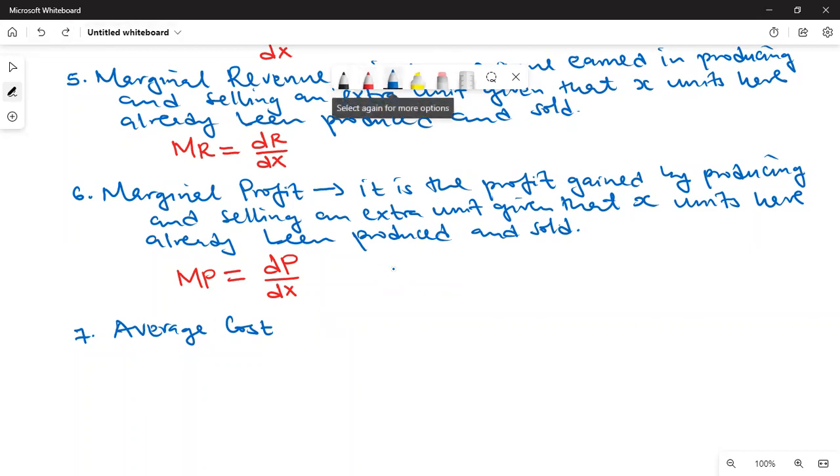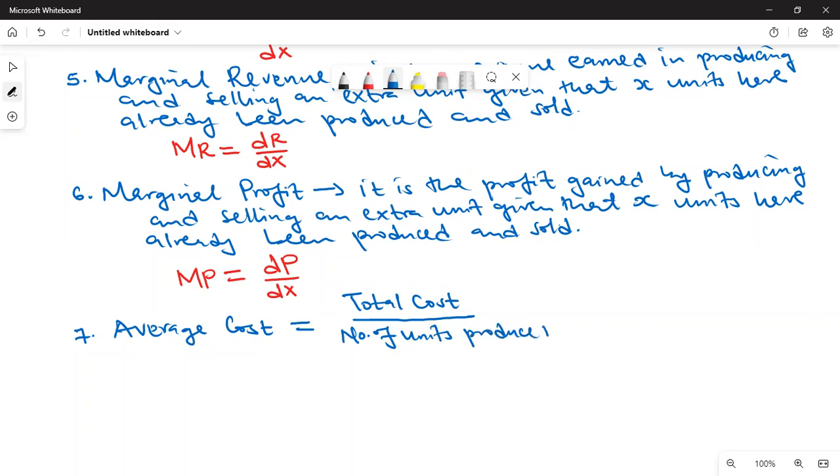So this is always equal to total cost over number of units produced. So that simply means that average cost is equal to the total cost, which is C of X, over X. So that is the formula.